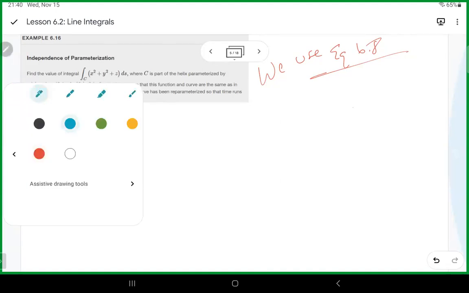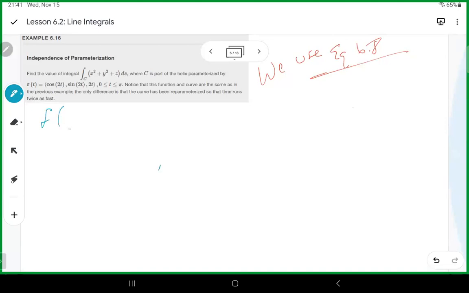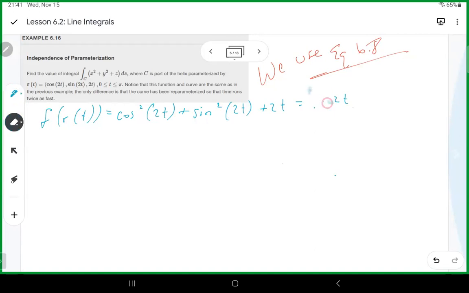So that starts us out with f of r of t would be cosine squared 2t plus sine squared 2t plus 2t, which would be the same as 1 plus 2t, or 2t plus 1. I guess they're switching how they write it, so they're doing 2t plus 1.